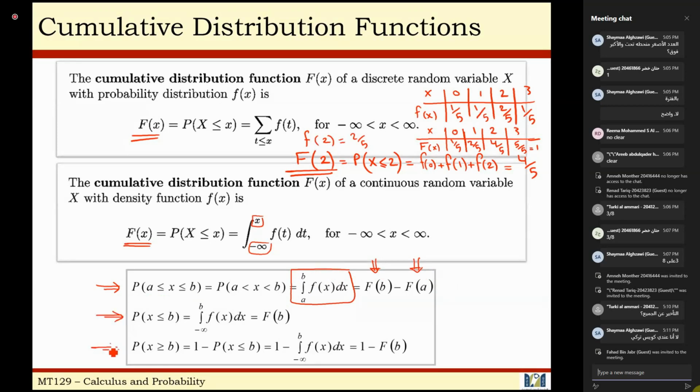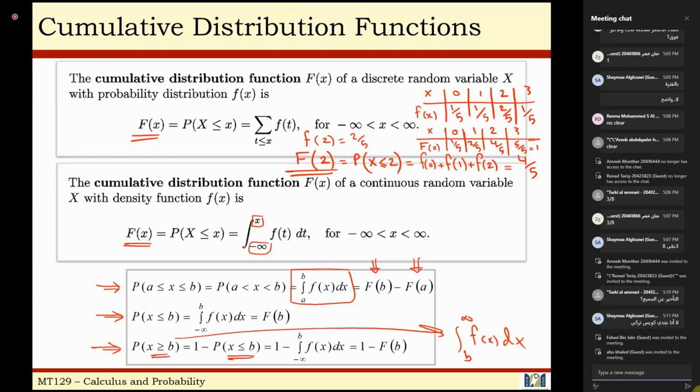Greater than b is from b to infinity, the integral from b to infinity of f of x. Or 1 minus, swapping greater than to less than. If we need the probability x greater than b, you can convert it to less than b, but put 1 minus the probability that x is less than b.